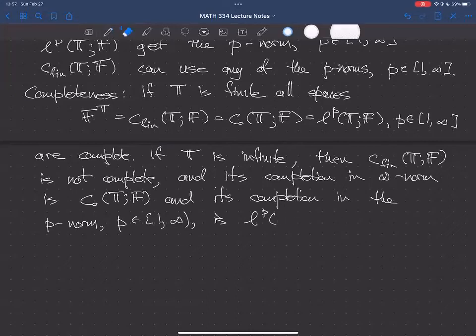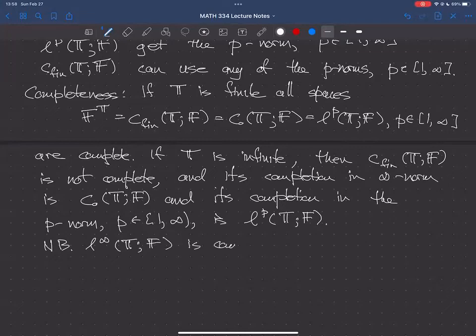So again, this is entirely analogous to what I did with sequences. L infinity is complete, but it's not the completion of c finite.